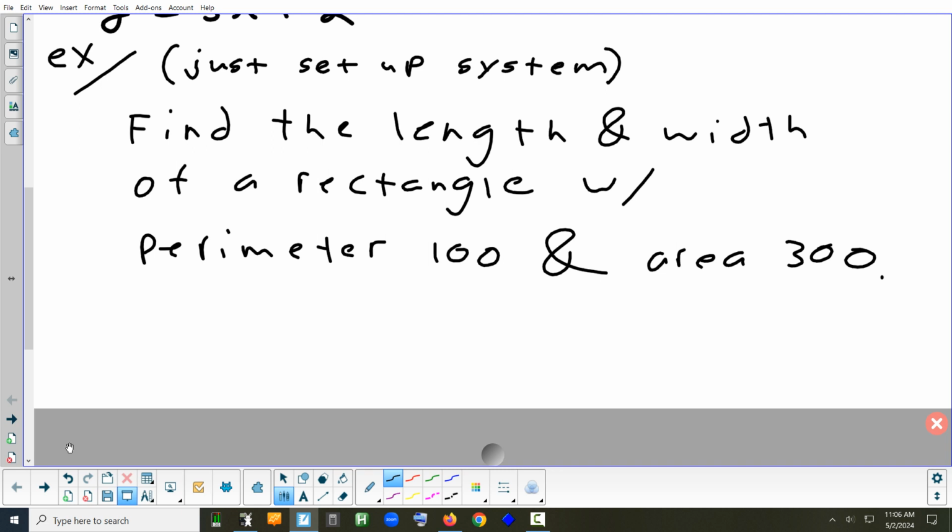Yep. 2L plus 2W equals perimeter. And what about the formula for area? Yep. Length times width. Area is length times width.